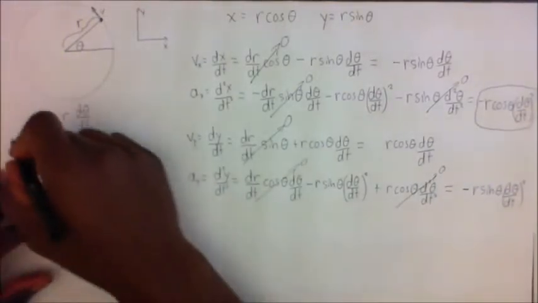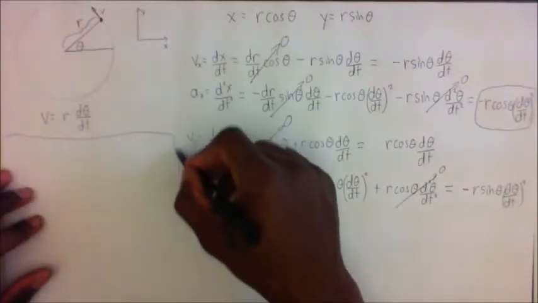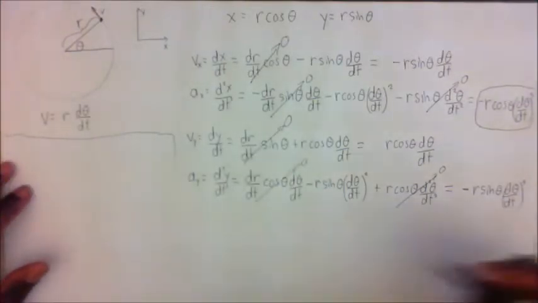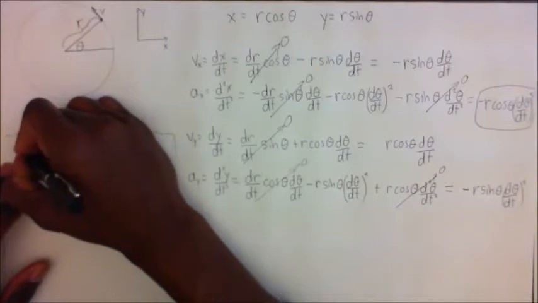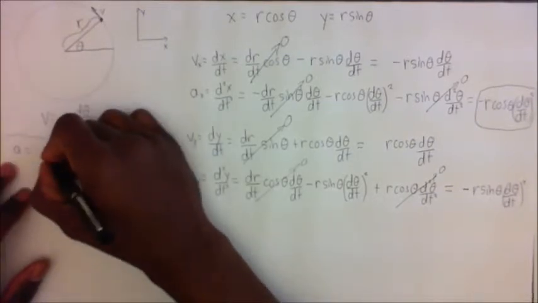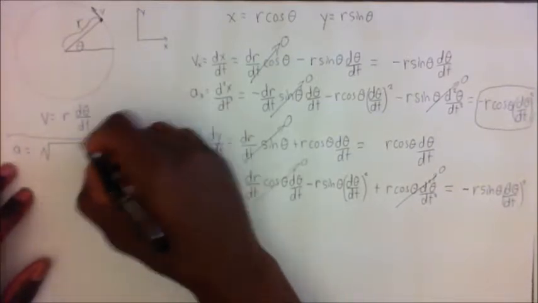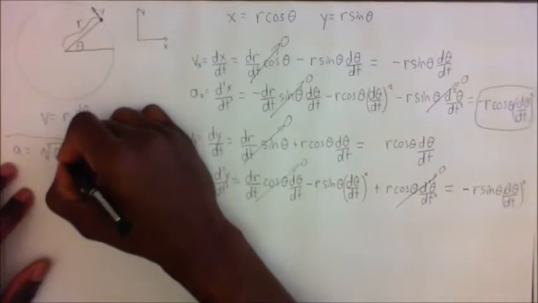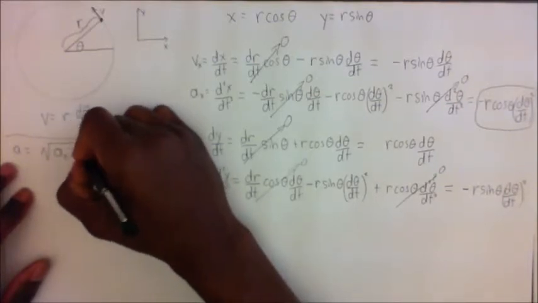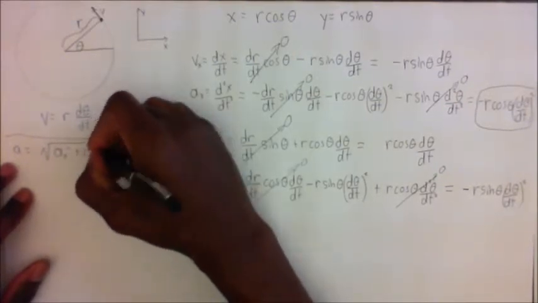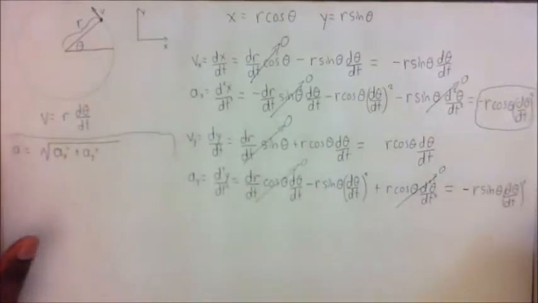Now if I want to find the total acceleration, I'm going to use the Pythagorean theorem: it's going to be the square root of a x squared plus a y squared, and we'll get the acceleration.